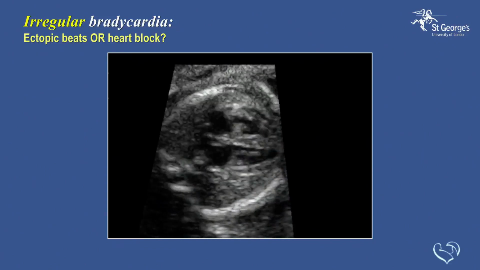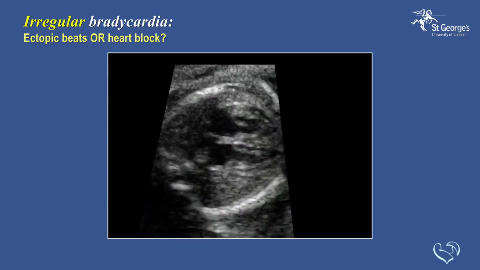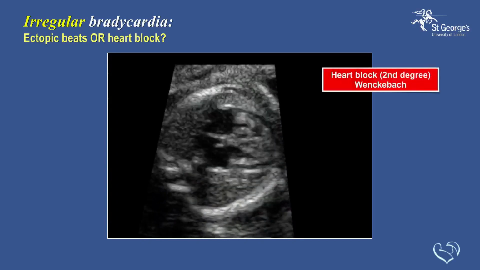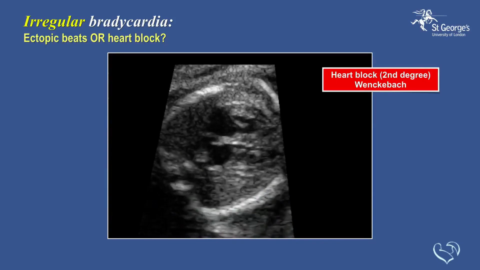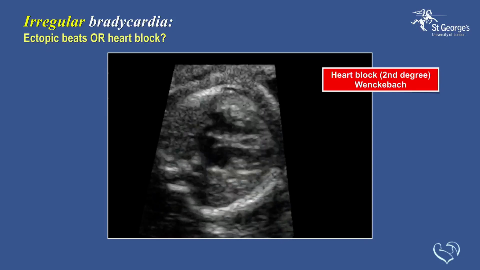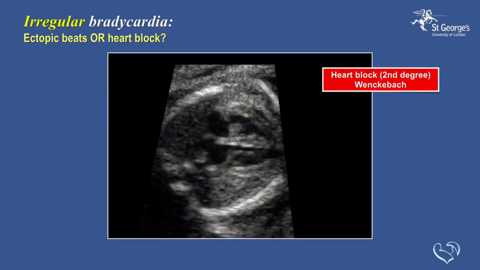So when we have that heart, what do you think this one is? Just by looking at it, there's not much way of knowing ectopic beats or heart block. This was heart block. This was a lady who was then shown to have anti-La antibodies. There was a Wenckebach: the PR interval was progressively getting increased until it blocked one.